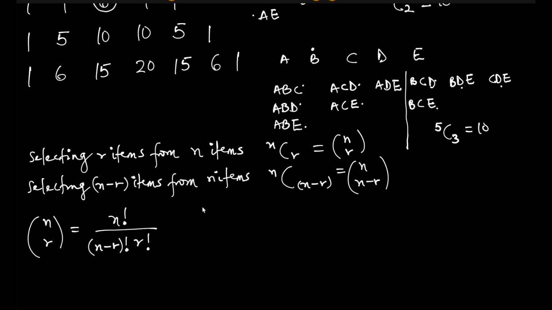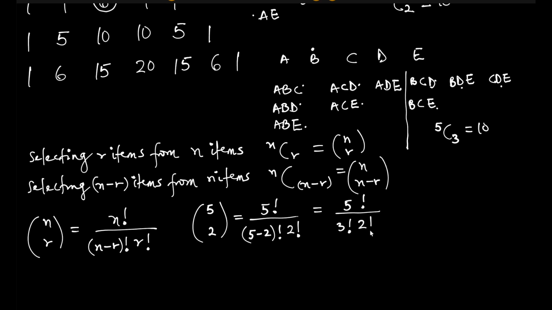So which means that if you have 5 items and you are selecting 2 items, remember, n is 5 and r is 2. So this becomes 5 factorial divided by 5 minus 2 factorial times 2 factorial, and this equals 5 factorial divided by 3 factorial times 2 factorial.